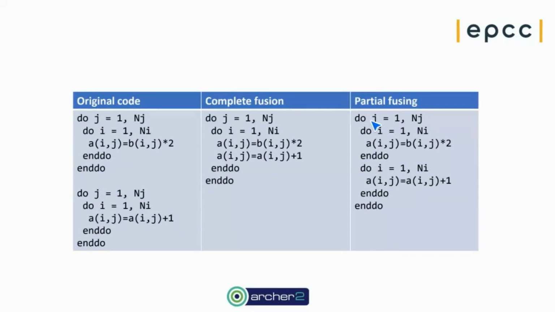Okay, so for J equals 1, we do all the I values, and then provided the I loop isn't too long, that data will still be in the cache when we do the second I loop, and then we move on to the next value of J. So we can do this partial fusing idea. Okay, and this has the advantage that we're not increasing the size of the loop body.